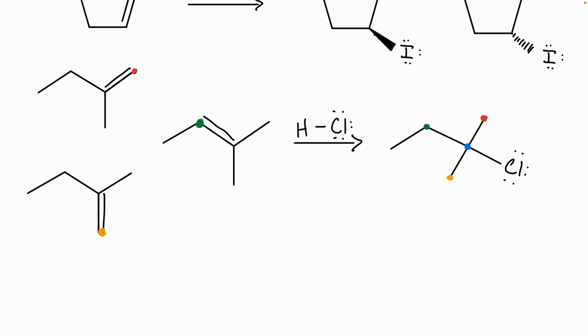All right, let me just finish coloring. So this one in the middle was the blue. All right, so if I started out with this top one here, would this give me my product that I desire? Would I get the chlorine added to the blue carbon, to the more substituted carbon?